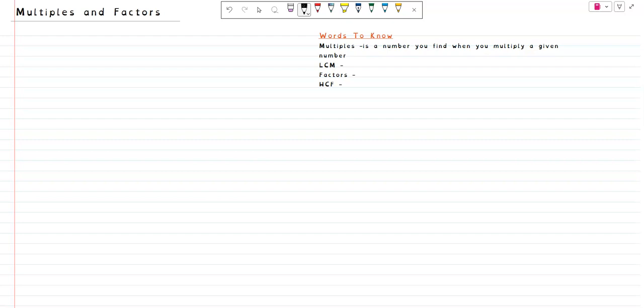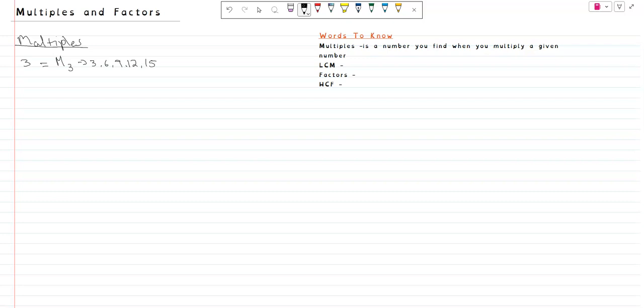Let's look at our first example of multiples. So let's look at the multiples of 3. Multiples of 3 is 3, 6, 9, 12, 15.